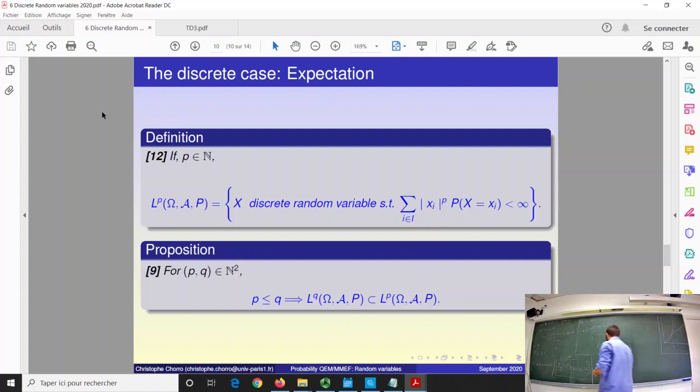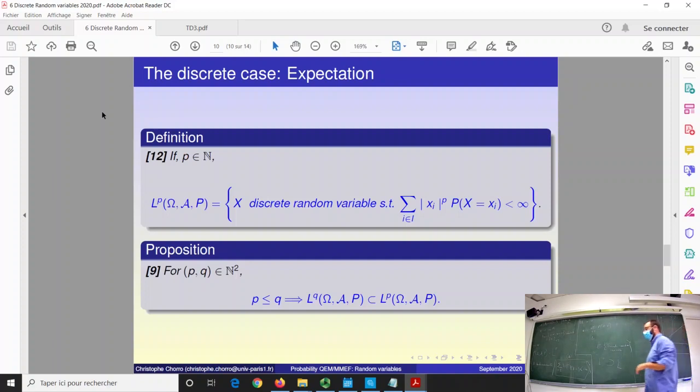So I have this one. And in fact, this little inclusion is very basic to prove because here I have no condition, here one condition, so of course L1 is a subset of L0, but it's something that is a consequence of a more general result, that is the proposition written on the slides here.